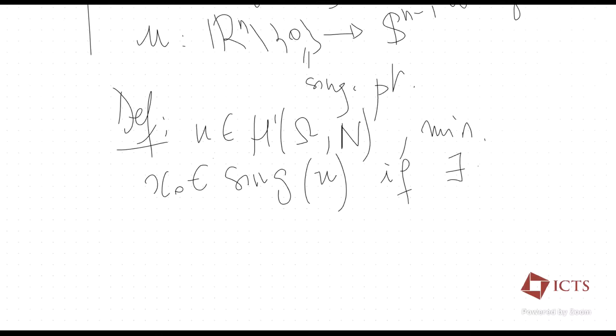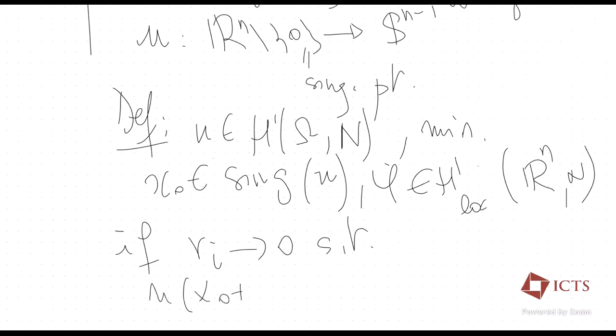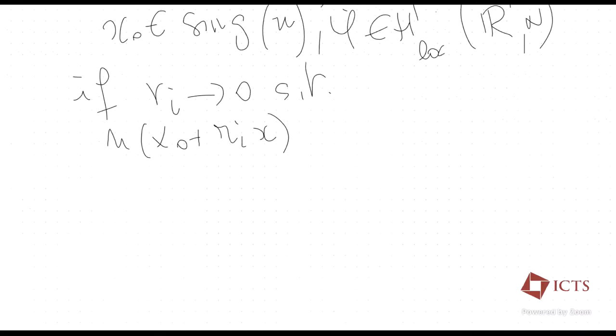Let me write it this way: a map phi, which is also an H1 loc map, but this time on all of R^n, and it's called the tangent map if there exists a sequence of radii r_i going to 0 such that your map, which is obtained by centering at x naught and rescaling by r_i, is weakly converging to such a map phi.